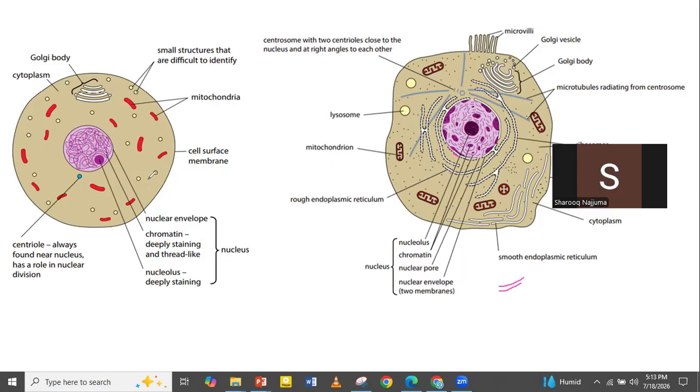Microvilli are visible in an animal cell. This side, you never see microvilli if you're using a light microscope. Look at the mitochondrion. We are shown that the mitochondrion has an outer membrane and also an inner membrane which is folded. That is as seen under an electron microscope.